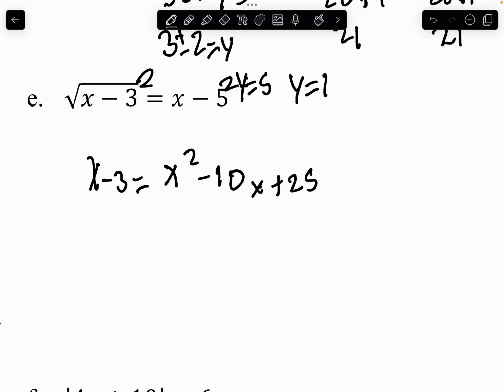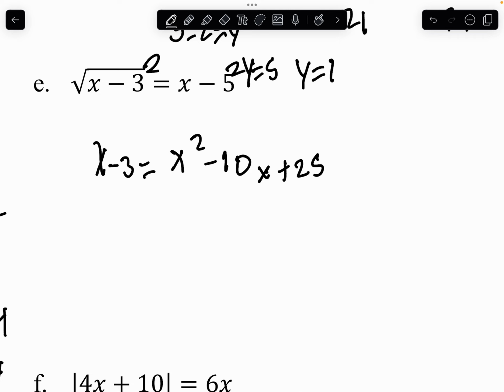If you don't know that, just multiply x minus 5 times x minus 5. But I'm pretty good at that, so I can do it in my head. Now I'll subtract x minus 3, so you get x squared minus 11x plus 28. Now I'll factor it.